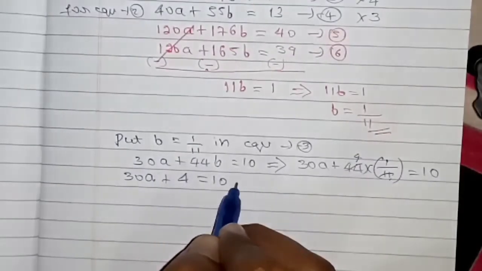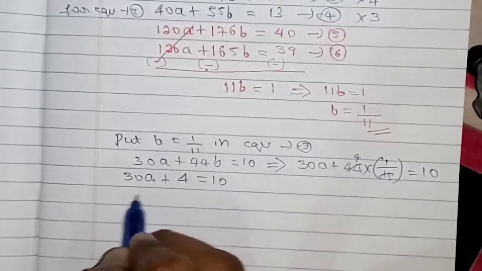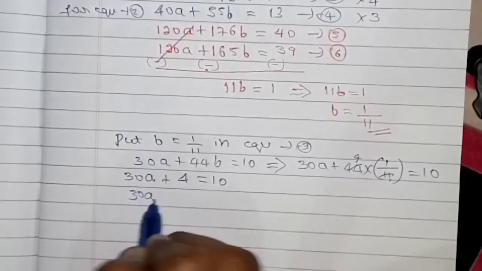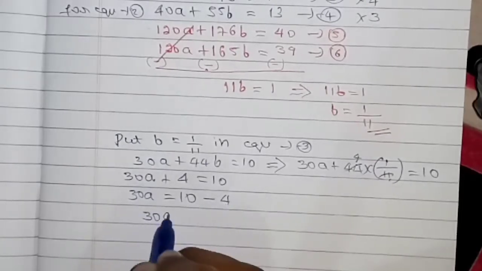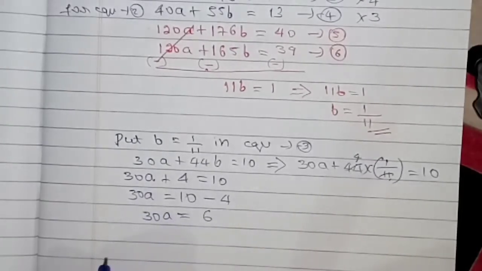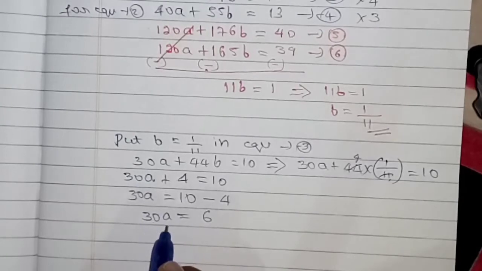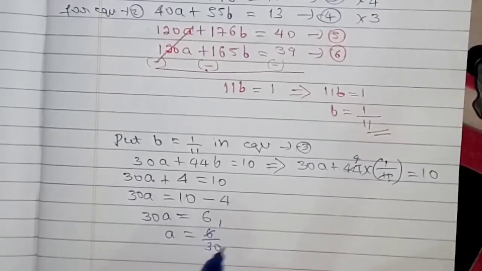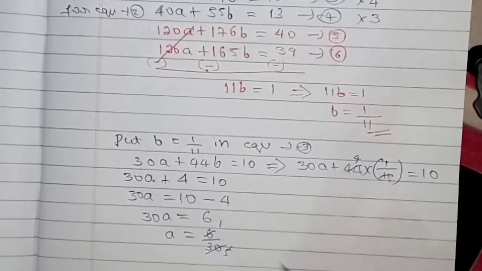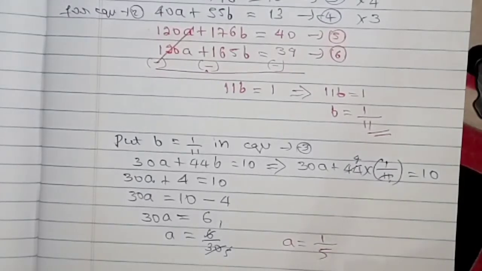If you send the 4 to the right hand side it will become minus, so therefore 30a is equal to 10 minus 4, so 30a is equal to 6. Now you need the value of a, so send the 30 to the right hand side, so a is equal to 6 by 30, 6 ones are 6, 6 fives are 30. Now what is the value of a? Nothing but a is equal to 1 by 5, right children?